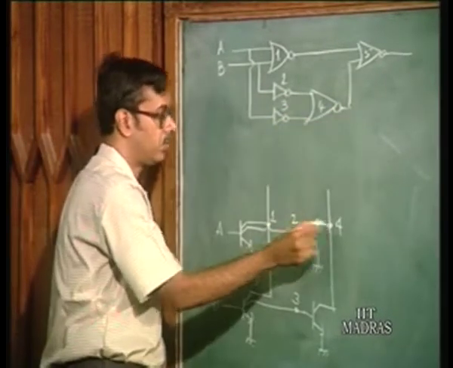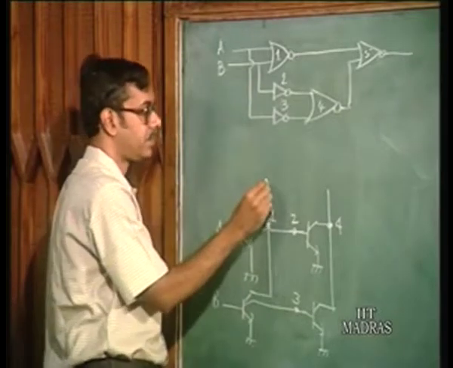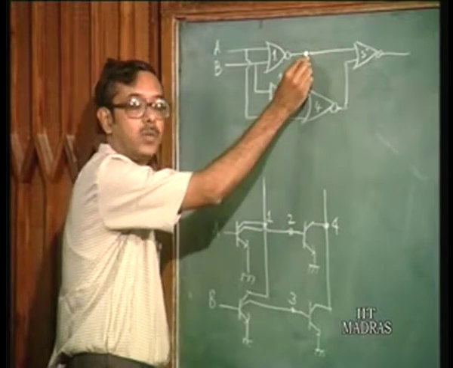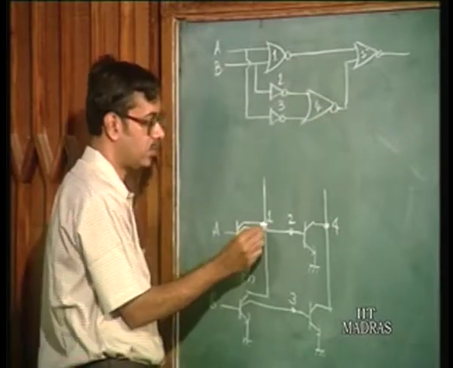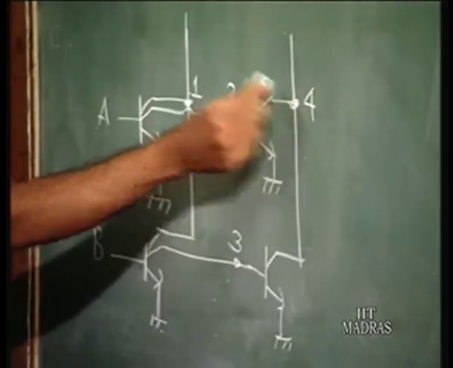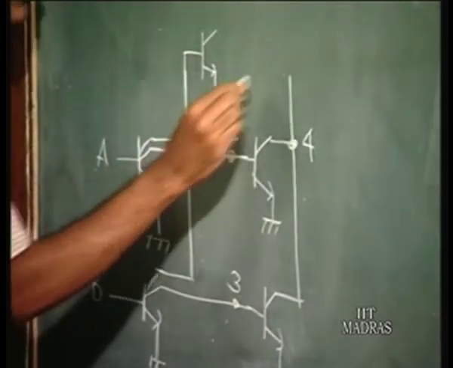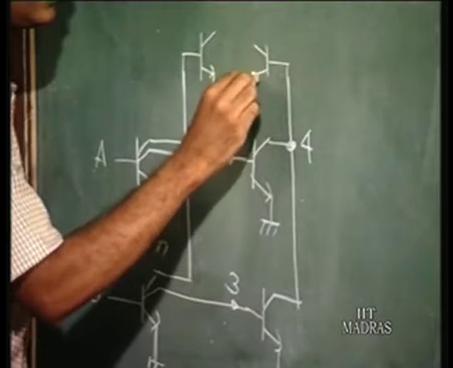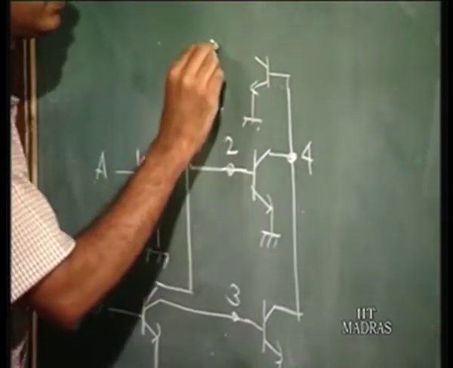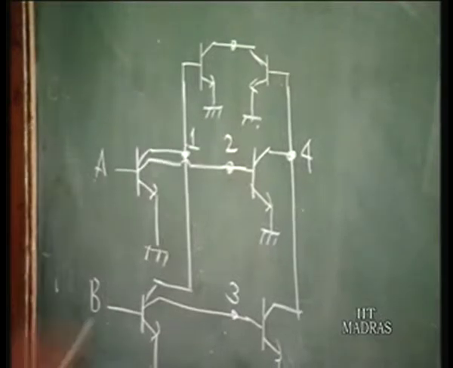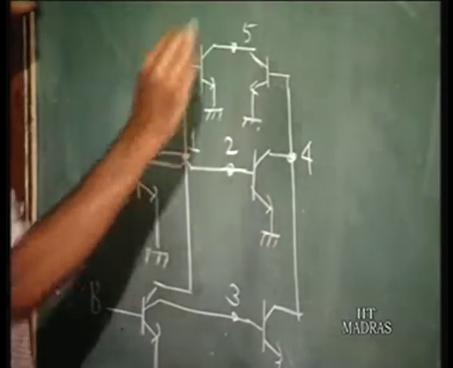And then gate 5, the inputs are from the output of gate 1 and the output of gate 4. You have one more transistor here, and one more transistor here, and when you join the collectors together you get another NOR gate. So, this is gate 5.